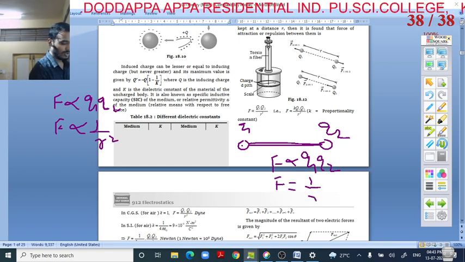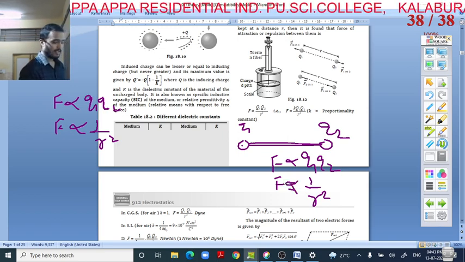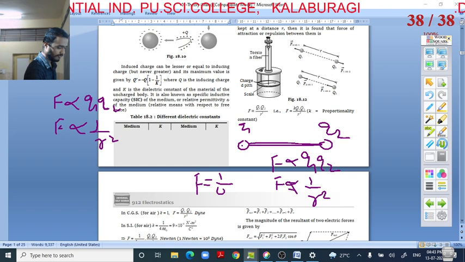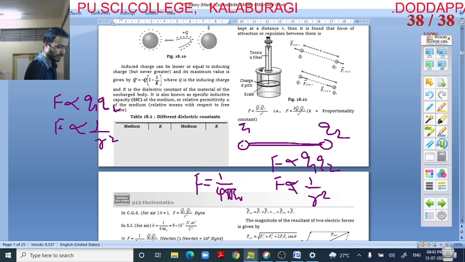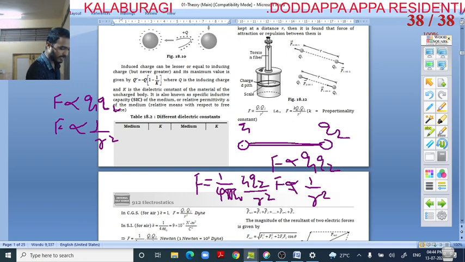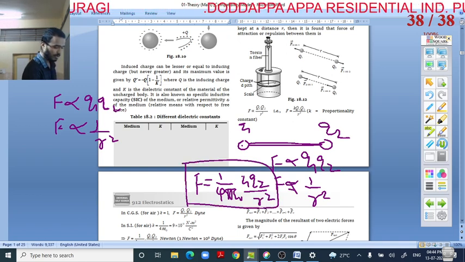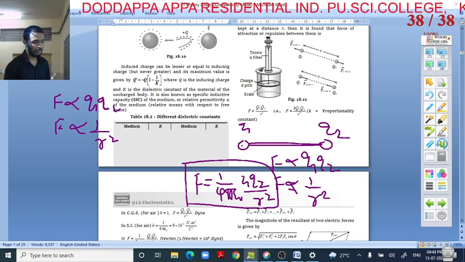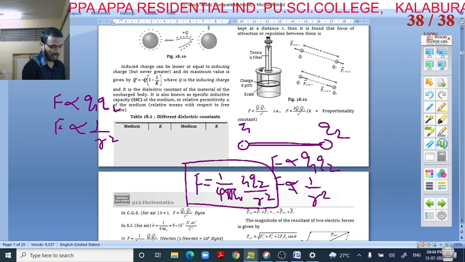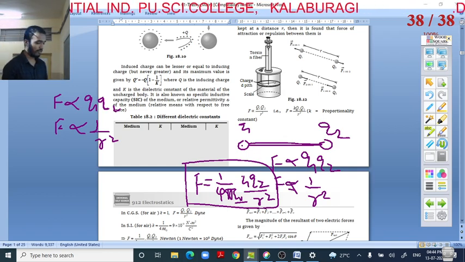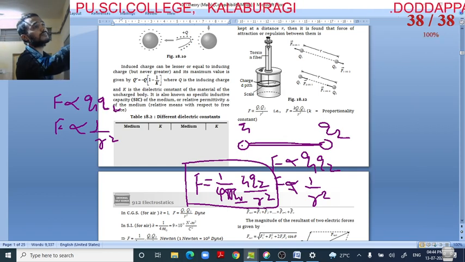So I can write F is equal to 1 by 4 pi epsilon naught Q1 Q2 divided by R square. This is our formula to find the force of attraction or repulsion between two point charges. Here epsilon naught is the permittivity of free space. Okay, we will move to the next.